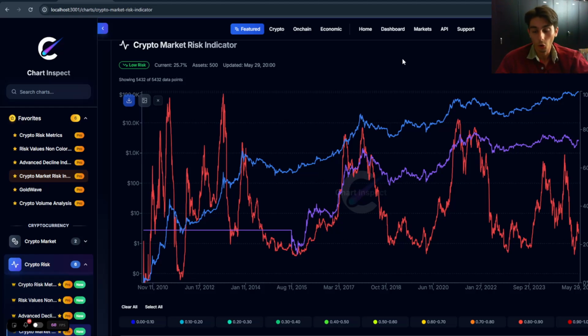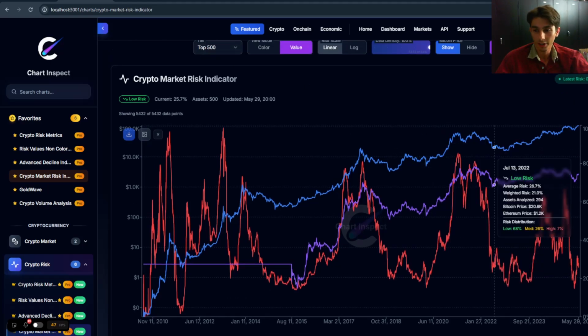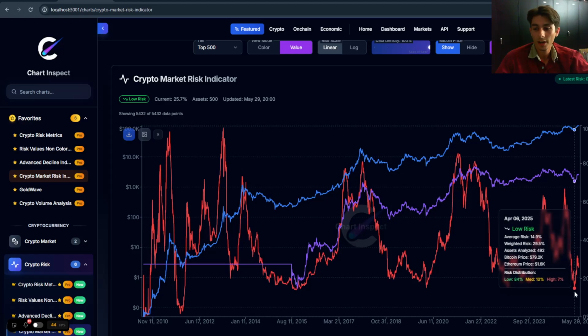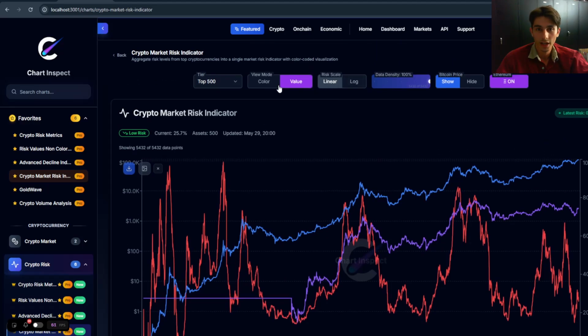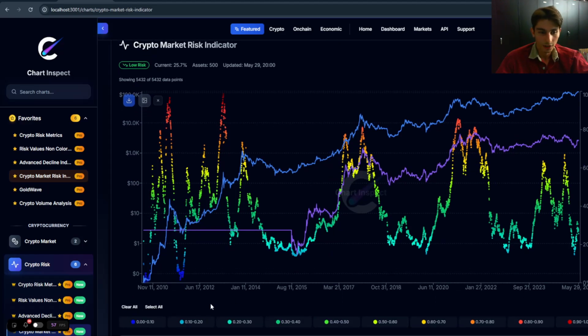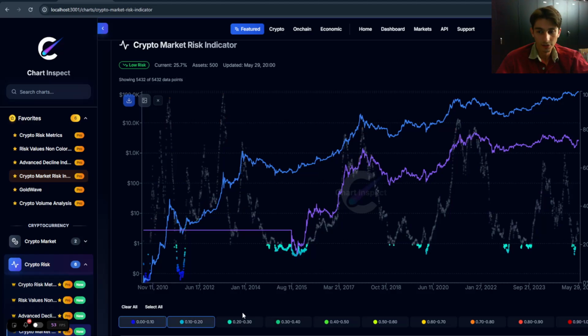That also corresponded to altcoins in the top 500 market cap putting in this new cycle low around 14.9% risk. And if you show the color on this, you can see it a little bit better. So if you put these risk levels here, you can see where that corresponds to.